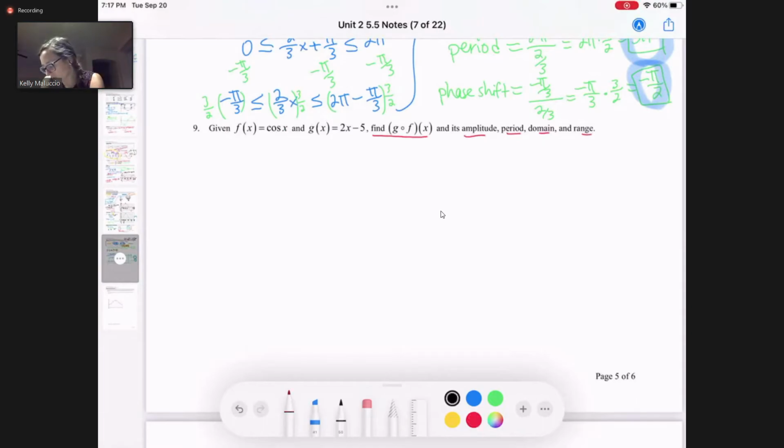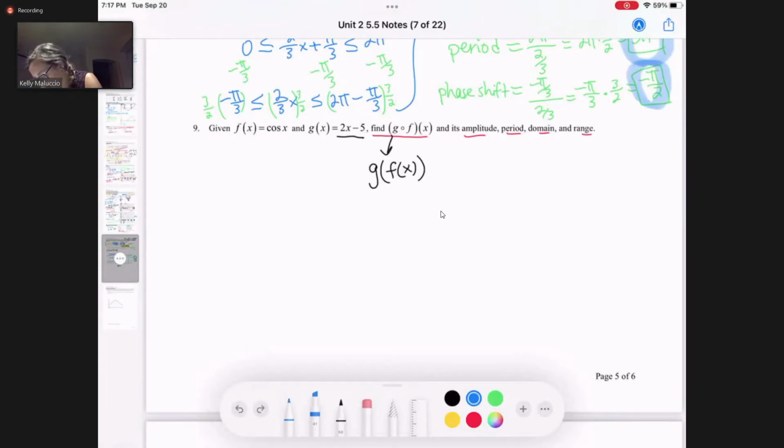So to start, this is just g of f of x, if you didn't remember composition of functions. So g is 2x minus 5, or h of f. Sorry, I'm saying this right. So we're taking cosine, and maybe I'll color code a little bit here.